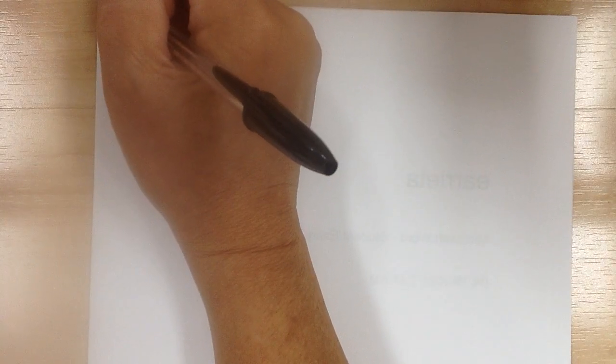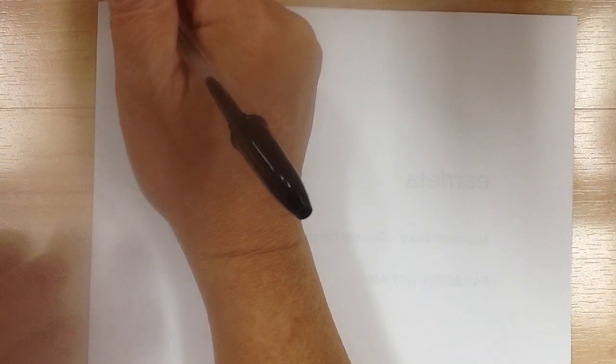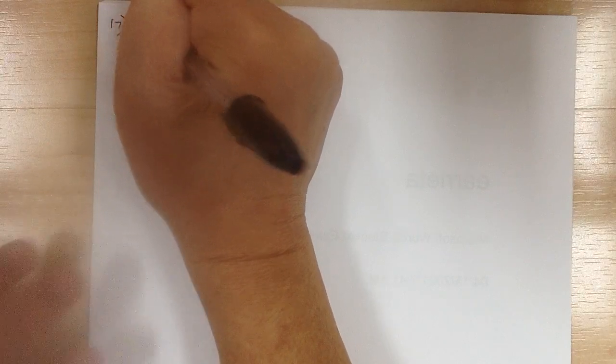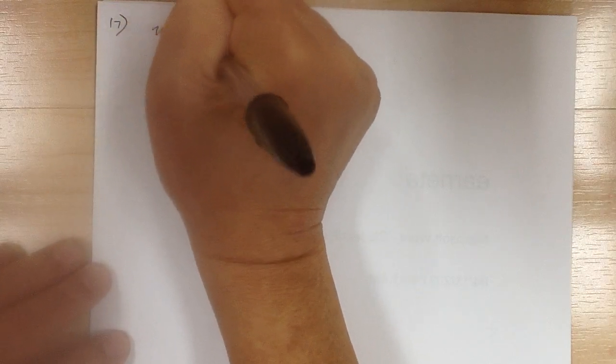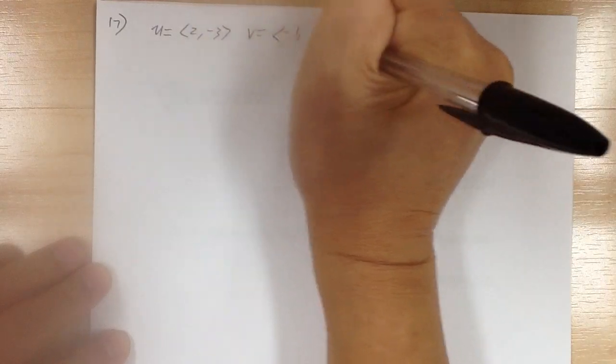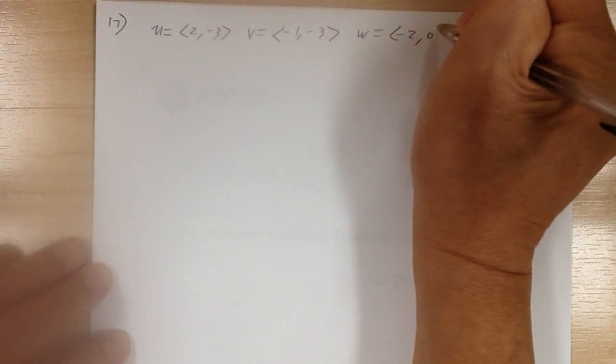Okay, let's go to number 17. For number 17, u is equal to 2, comma negative 3, v equal to negative 1, negative 3, w equal to negative 2, 0.